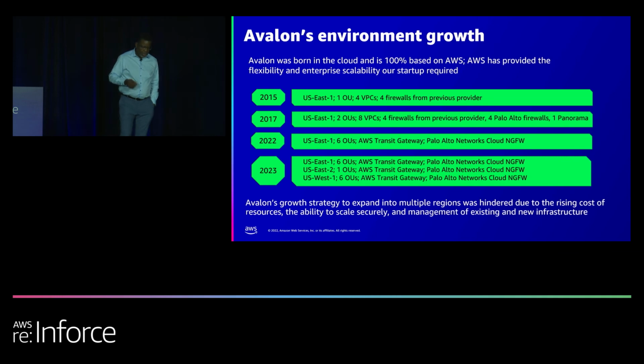And so what I'd like to do to show you an example of what we're facing at Avalon, and why we started to look at the Cloud NGFW, is welcome to my world.